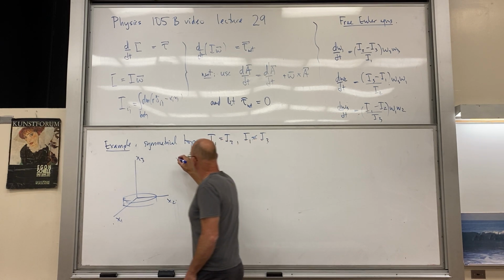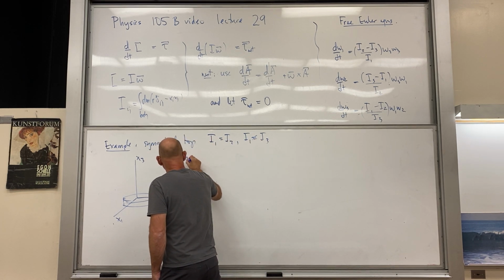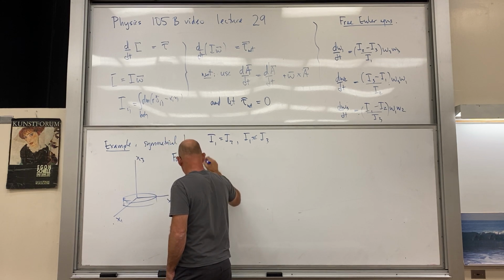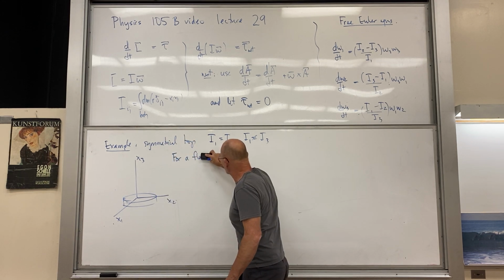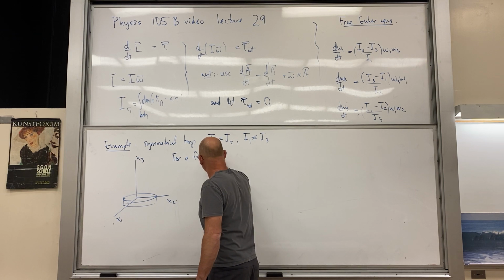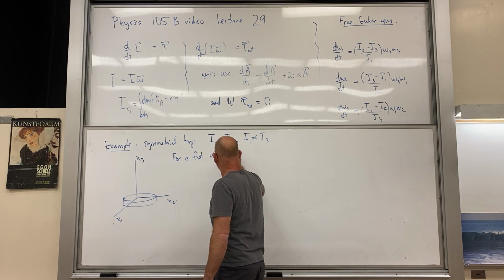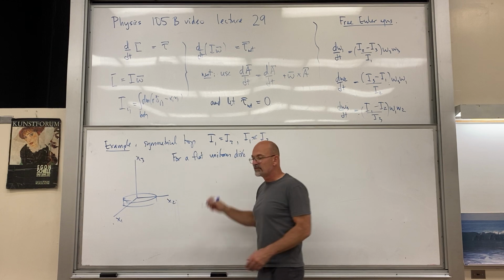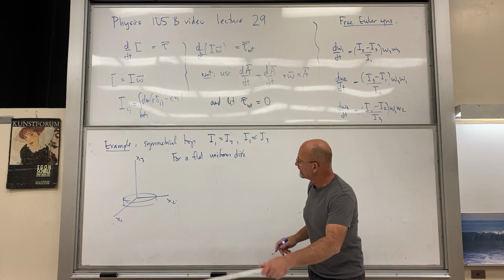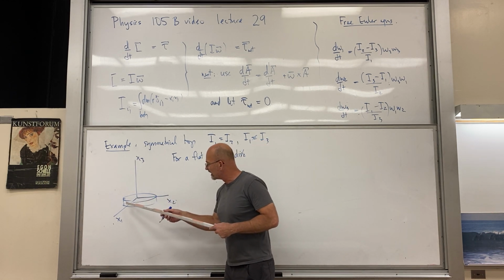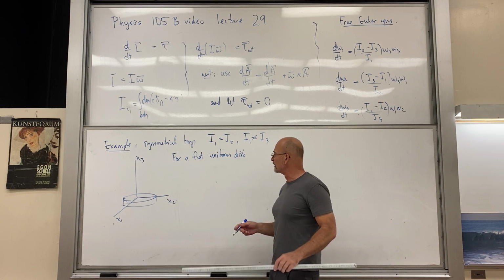And for a flat, uniform disk, we know that the Z moment of inertia is twice the X and Y moments of inertia.